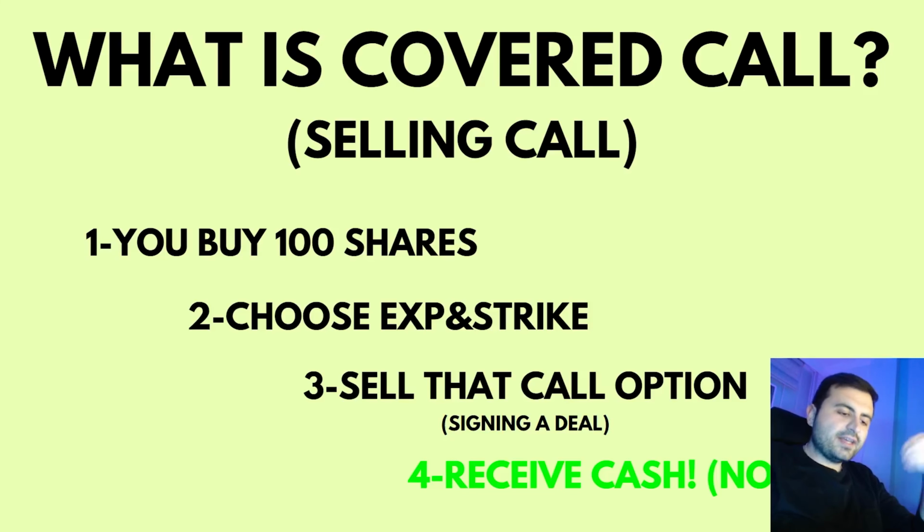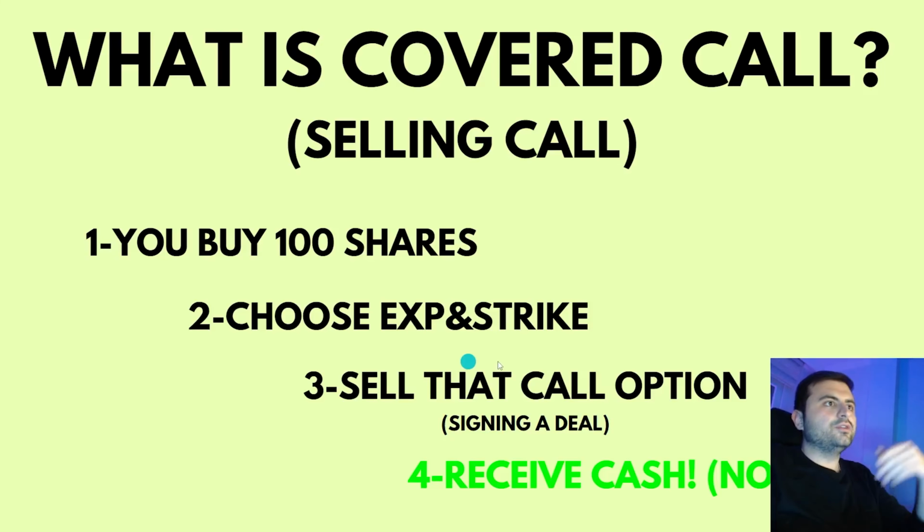When the expiration date arrives, you are obligated to sell your shares at that price. But if your strike price hasn't been reached, you keep your shares and you keep your cash. Easy as ABC. So there are 4 steps to do that.